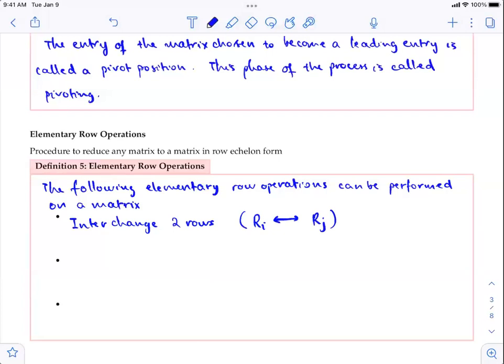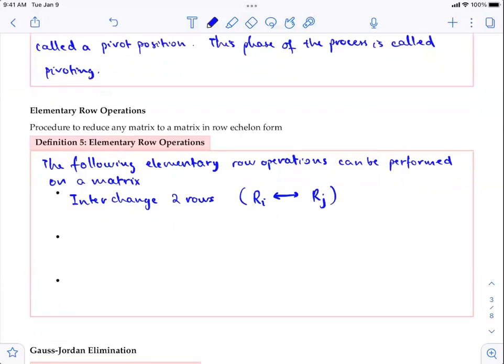The second elementary row operation is to multiply a row by a non-zero constant to create a new row.